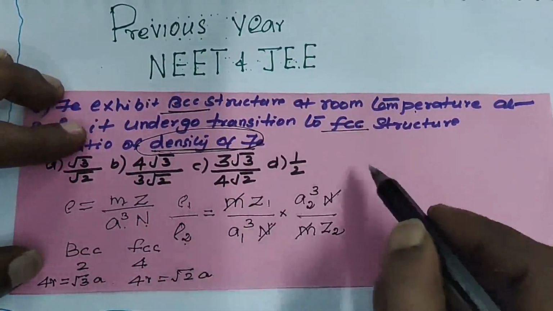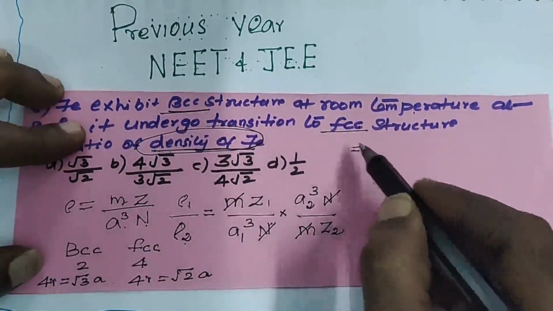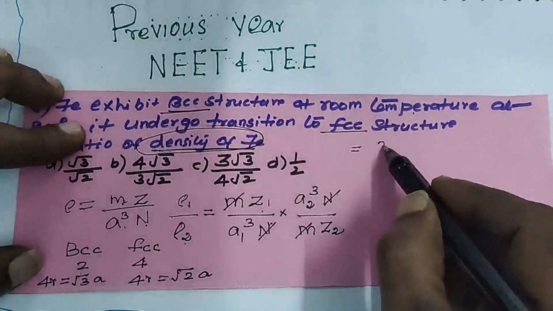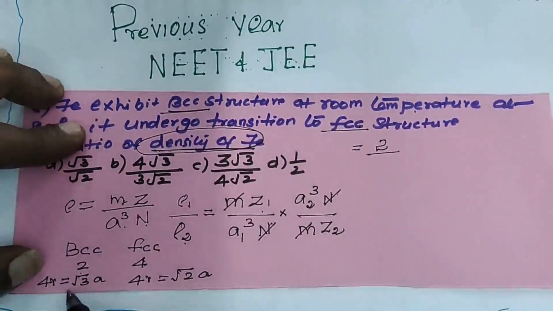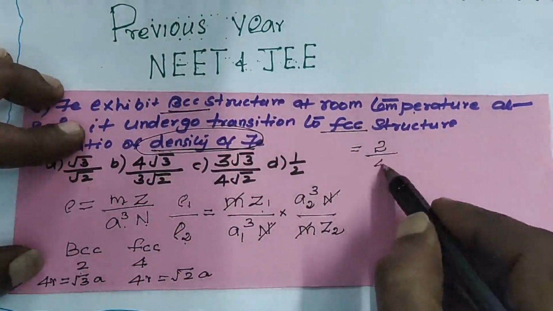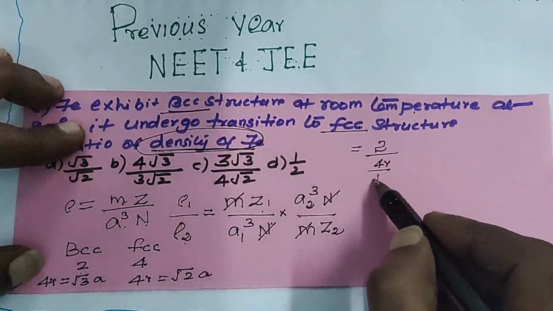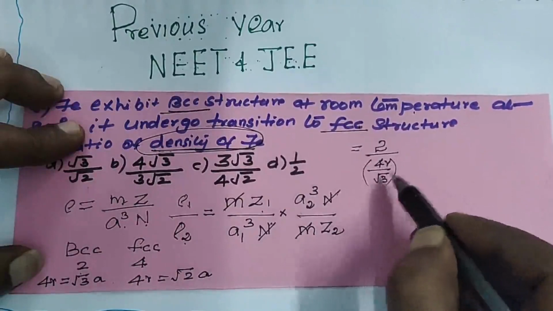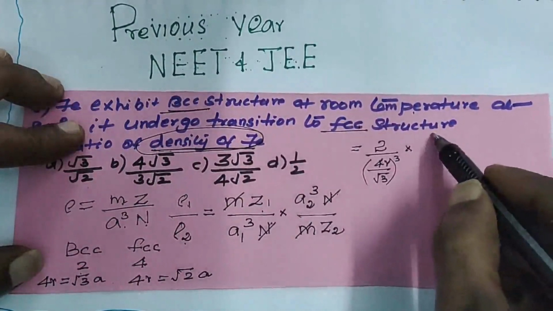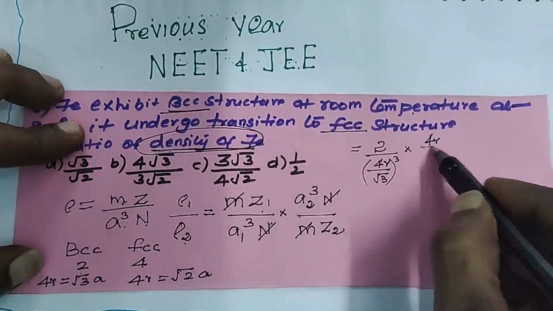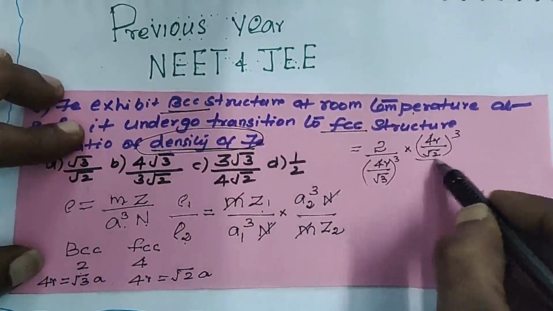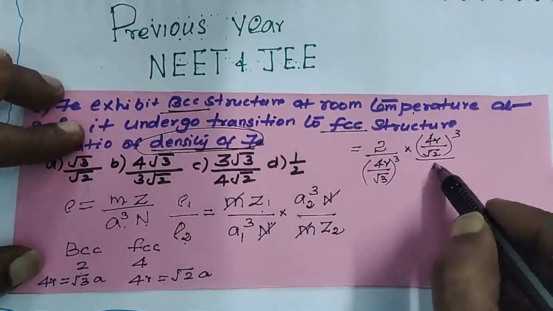So here rho 1 by rho 2 is equal to Z1 for BCC, number of atoms per unit cell 2, divided by a, which is 4r by root 3, the whole cube, into, take the reciprocal, 4r divided by root 2 the whole cube for FCC, total number of atoms per unit cell 4.